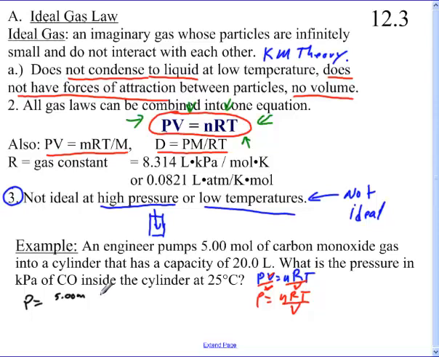R is 8.314 liters kPa over mole Kelvin, and then my temperature is 25, but it's not really 25, it's 298 K, right? And then last but not least, that's over the volume, which in this case is 20.0 liters.